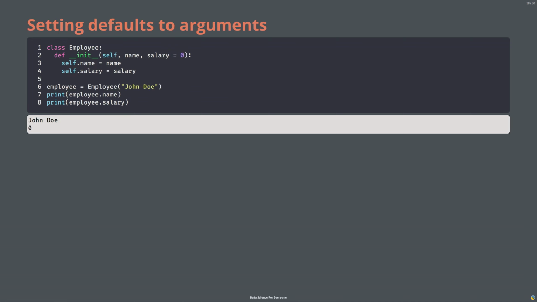The init constructor is also an ideal place to assign default values to attributes. For instance, we can set the salary parameter to 0. This means that if we create an employee object without providing a salary, the salary attribute will still be created and will be automatically set to 0.